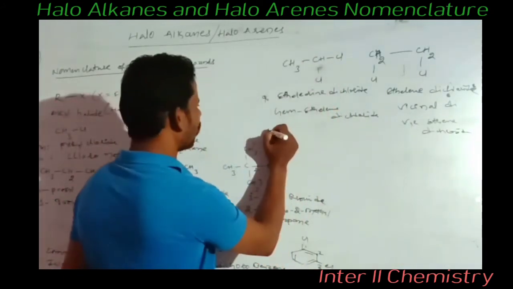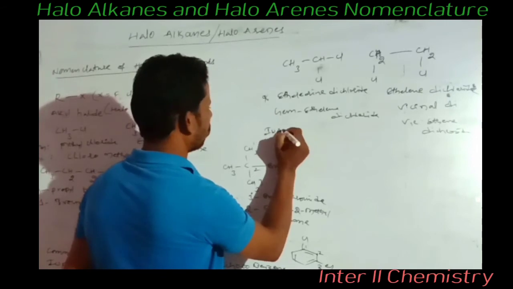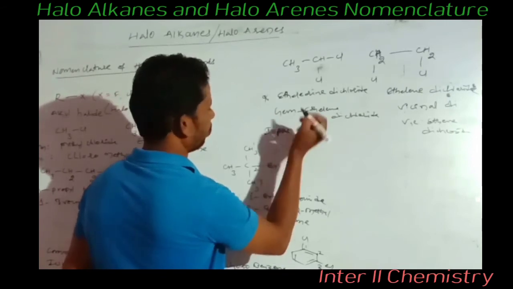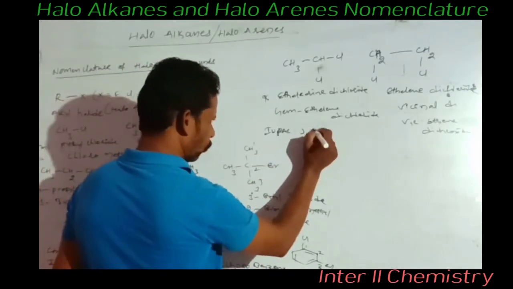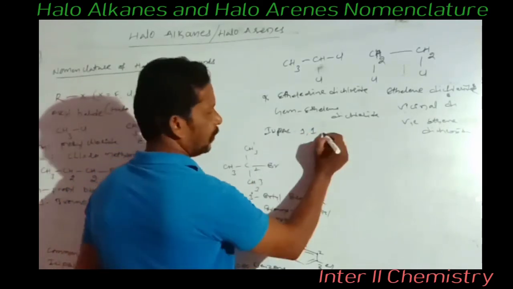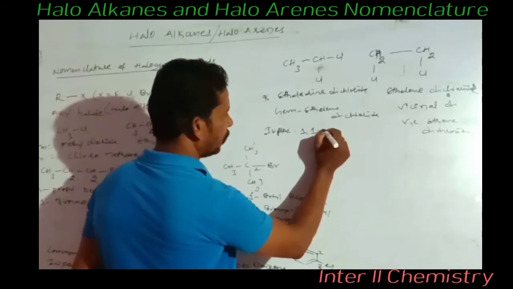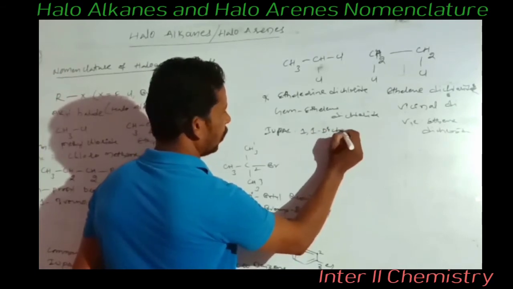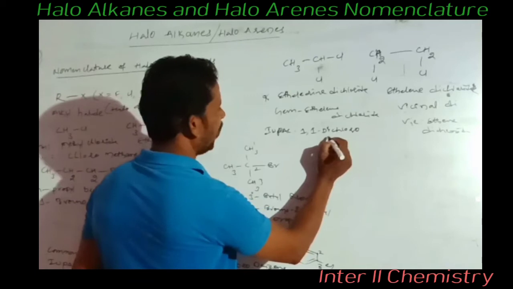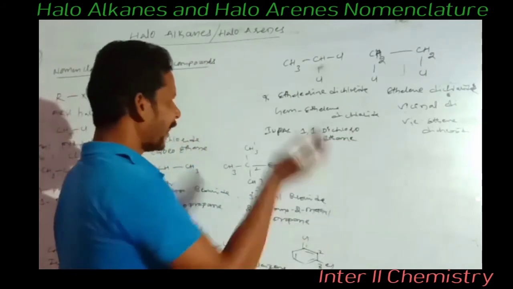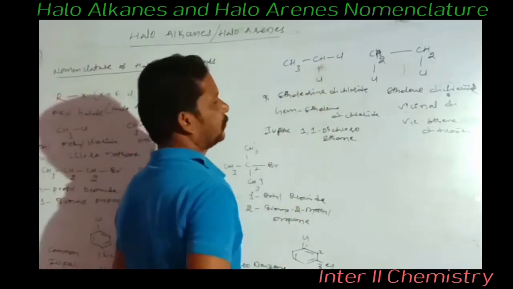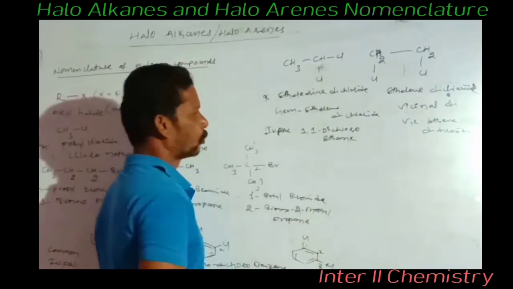According to IUPAC nomenclature, what can we write here? 1,1-dichloroethane. That means we write the halogen groups first, and after that the hydrocarbon.